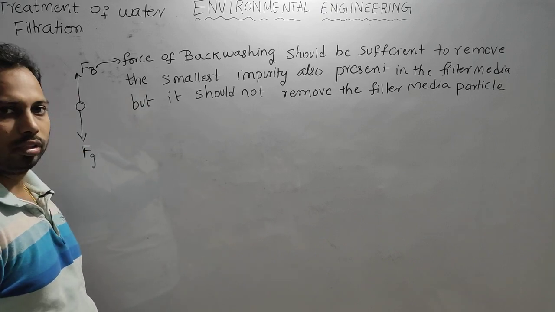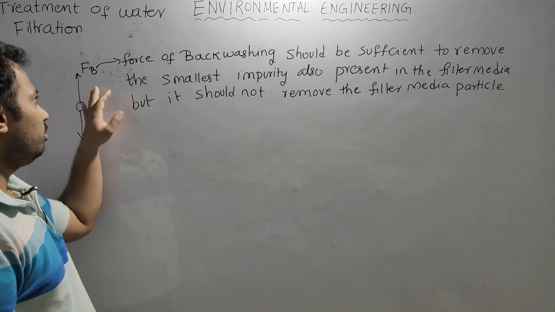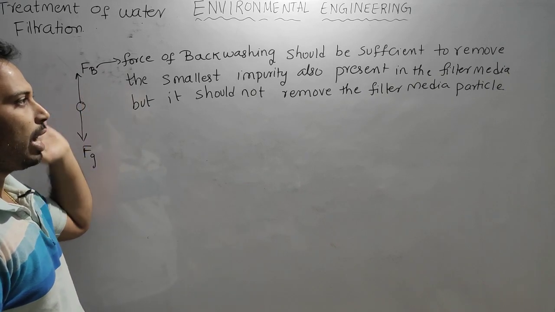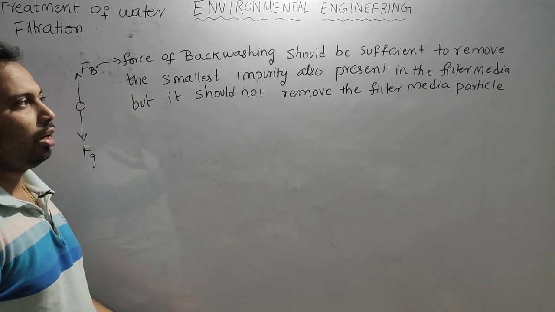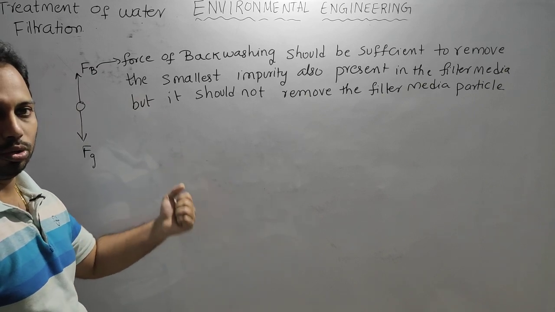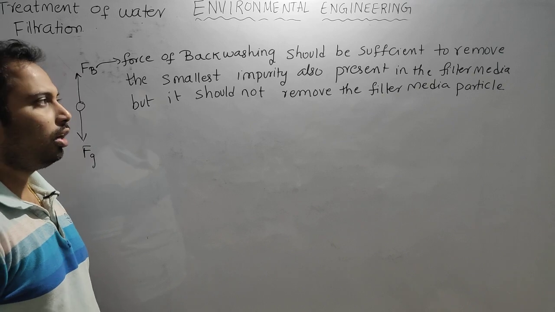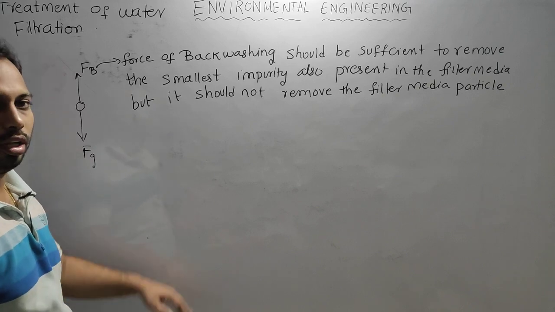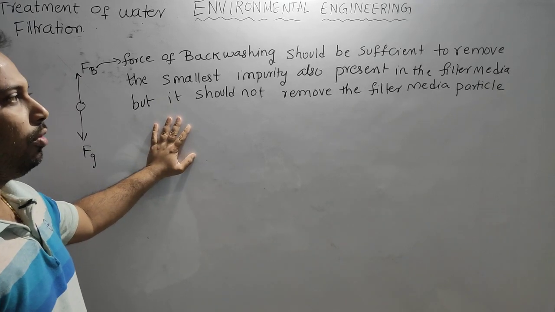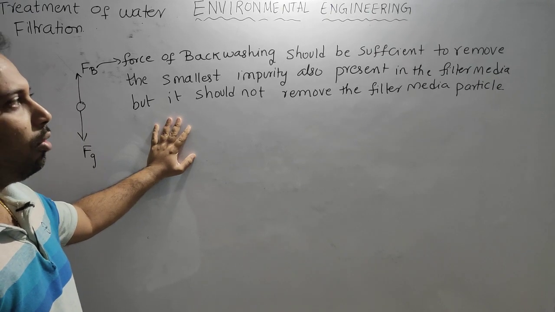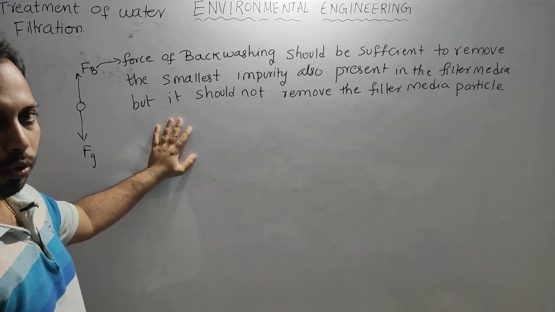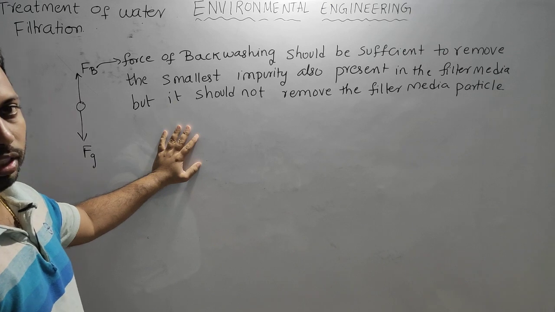During this process, if you don't design the force of backwash properly, then all the sand media also goes out of the filter as an impurity. So we are here to safeguard the filter media, and we need to only remove the impurities present inside the filter media. That is very, very important.